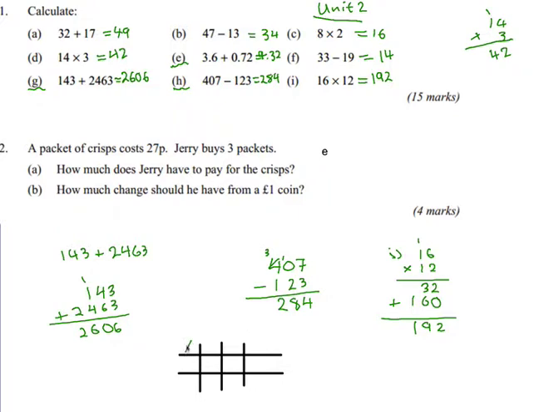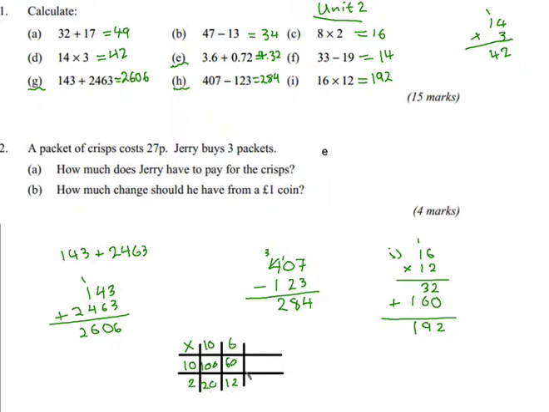So we're multiplying 16, which we can write as 10 and 6, and 12, which we can write as 10 and 2. 10 times 10 is 100. 10 times 6 is 60. 2 times 10 is 20, and 2 times 6 is 12.